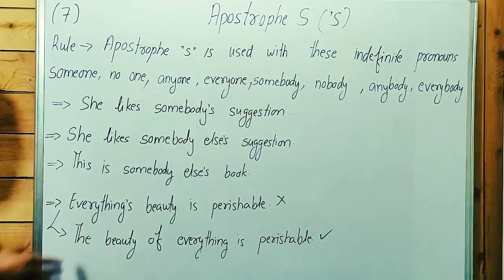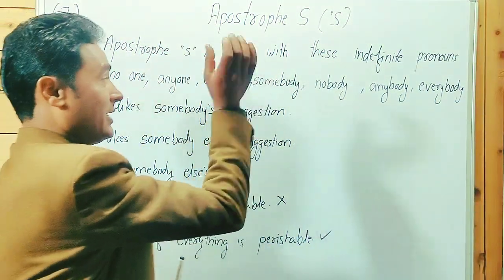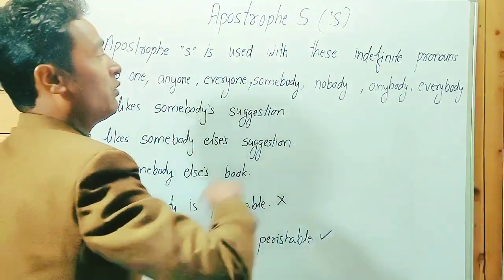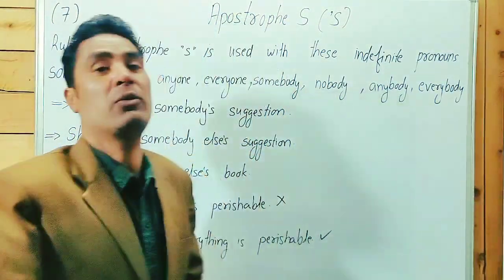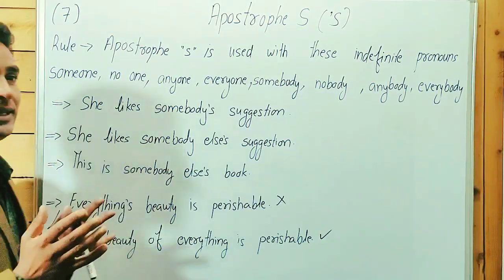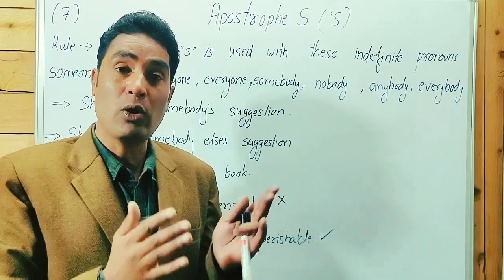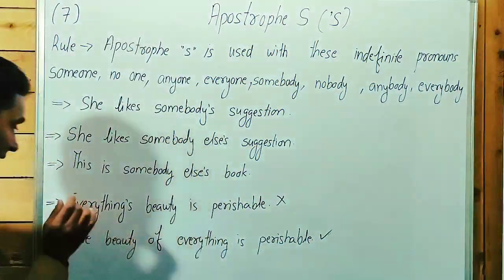So I hope you understood. Apostrophe s is used with these indefinite pronouns: someone, no one, anyone, everyone, somebody, nobody, anybody, everybody. But with something, nothing, everything, and anything, we don't use apostrophe s.